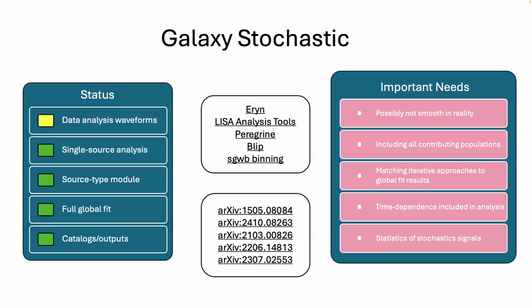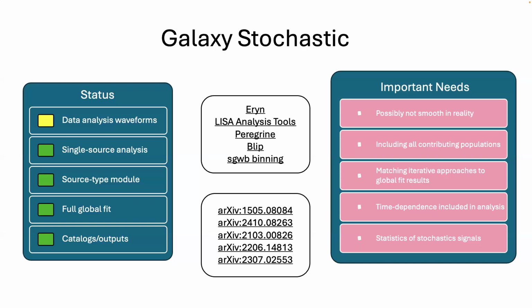The important needs here are there's some real nuance in these stochastic signals from the galaxy. Generally speaking, especially when we're doing sensitivity calculations and signal-to-noise ratio calculations, and not doing a real data analysis run, we tend to think about these things as smooth, as some type of functional analytic form.